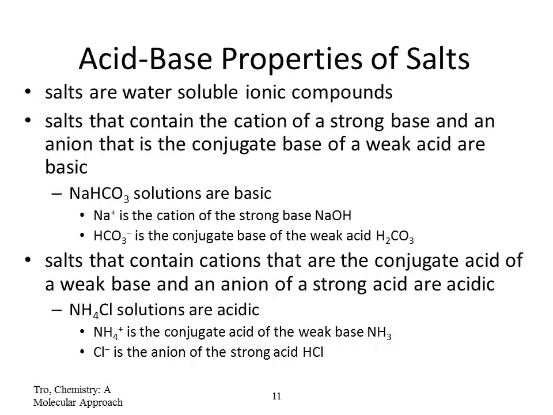Now for example, here is sodium bicarbonate. You can see it is formed from sodium plus and bicarbonate. How is sodium formed? It's a salt generated from an acid-base reaction, formed from sodium hydroxide, which is a strong base.